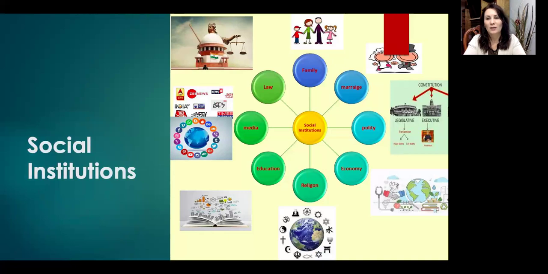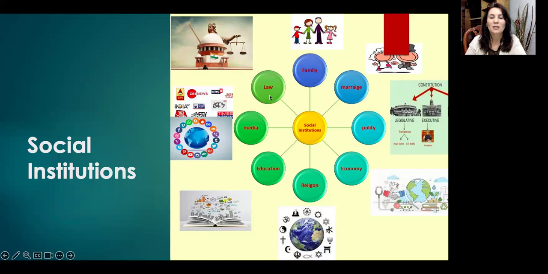So let's start with social institutions. Family, marriage, polity, economy, religion, education, media, and law are all social institutions. What are some of the common things about them?